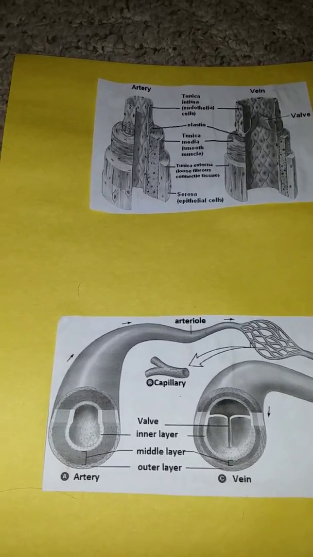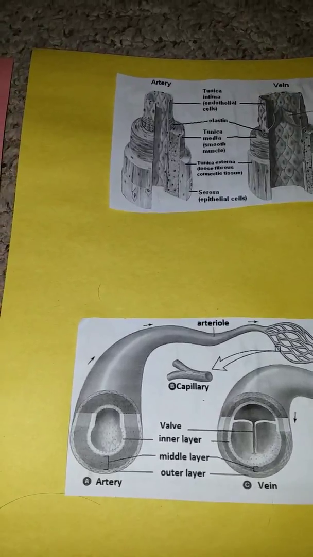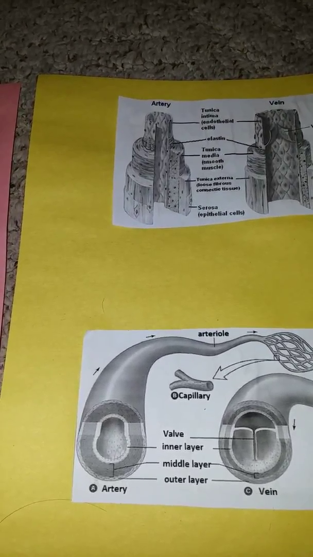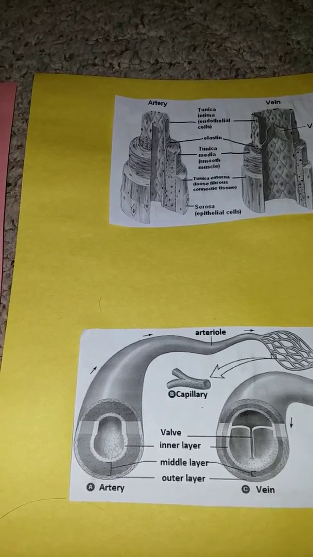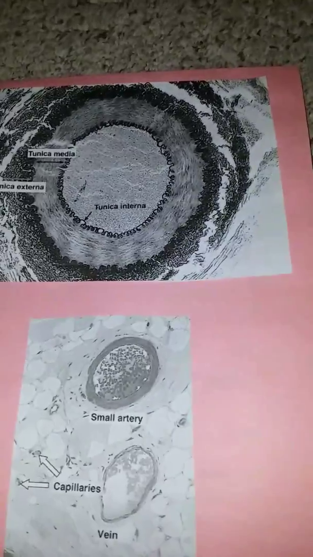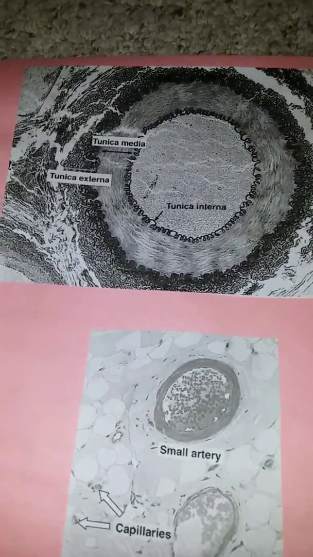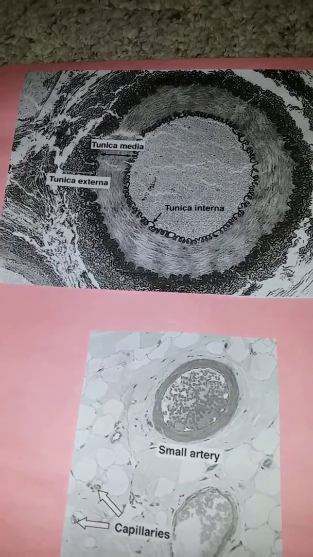You have five types. You have your post-capillary venules, that's the smallest. They get the blood from the capillaries. Then you have muscular venules, which get your blood from post-capillary venules. Then you have your medium veins, like the radial and the ulna veins.